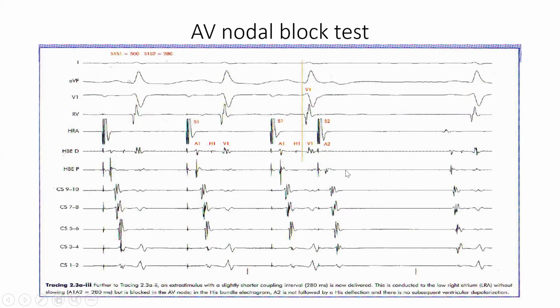So the question: are you seeing them? No. And when they stopped pacing, you now saw A, the His spike, and V, which corresponds to your surface ECG. So what has this told us?